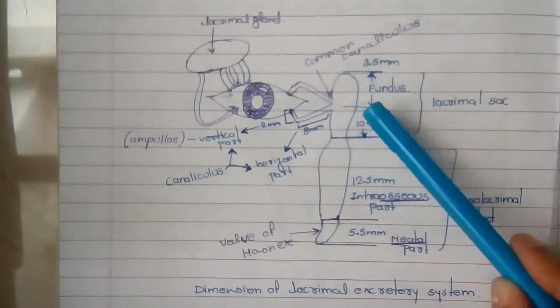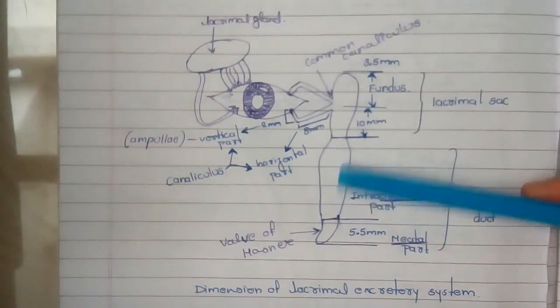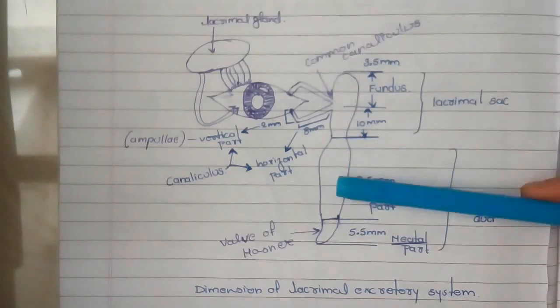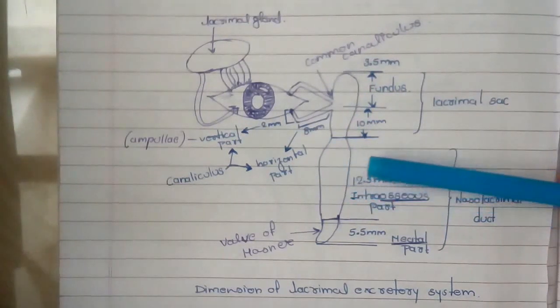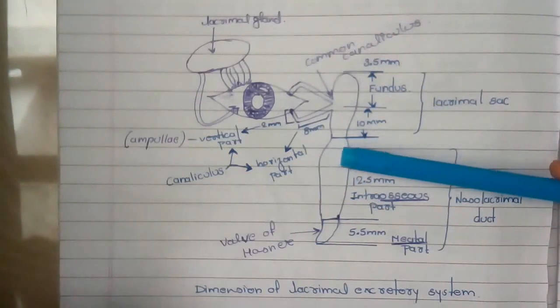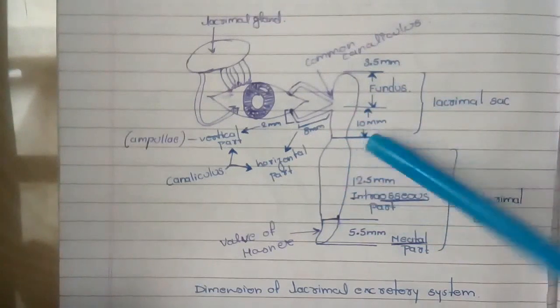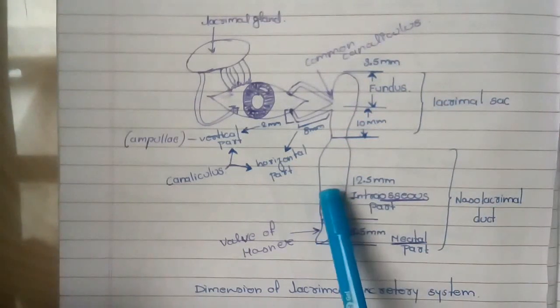The body, the middle part, is 10 to 12 mm. Now the nasolacrimal duct is continuous with the lacrimal sac. It is 12 to 24 mm long and 3 to 6 mm in diameter.